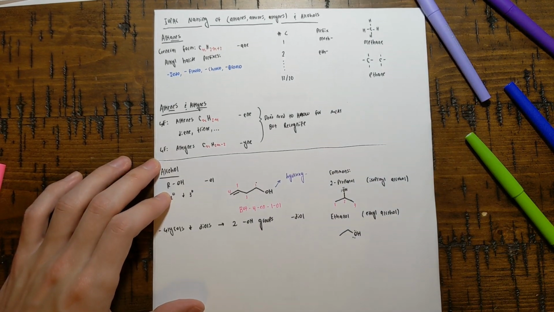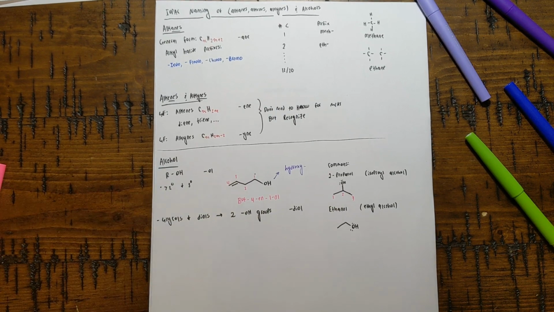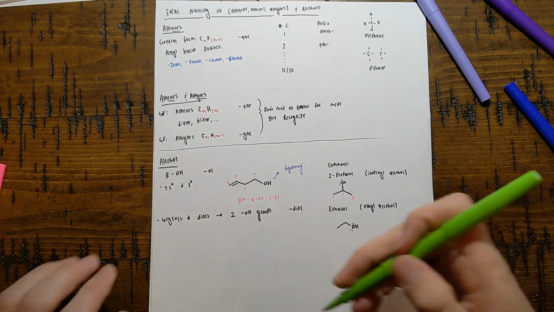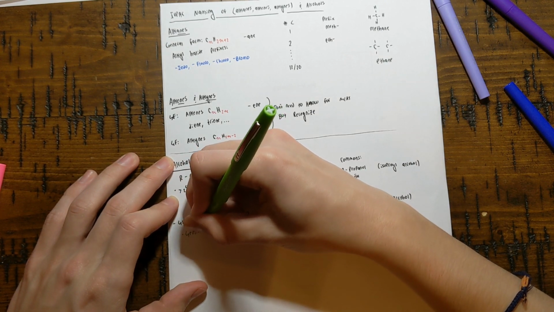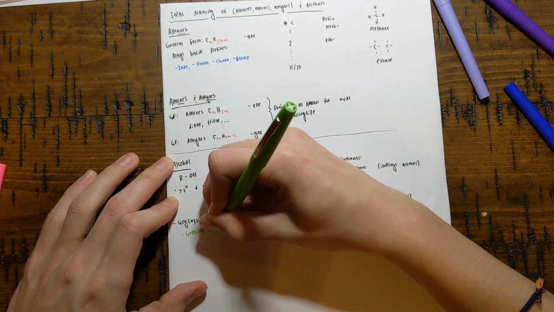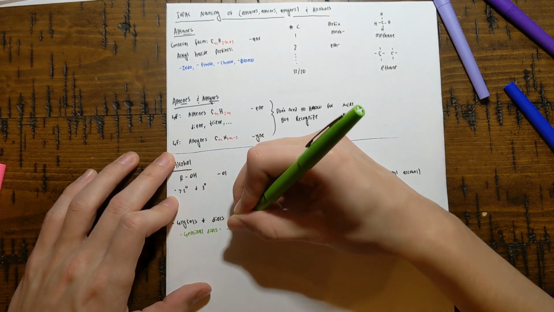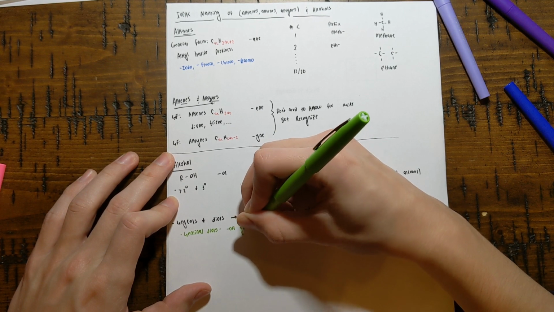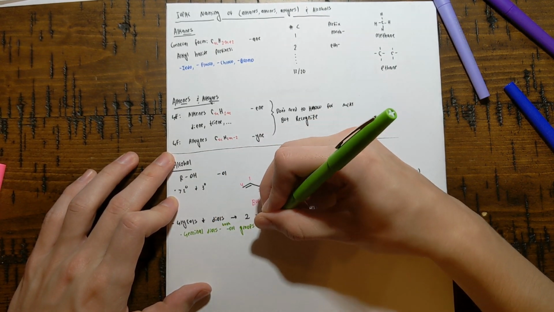That's pretty self-explanatory. And there are two specific diols that we need to know. These are geminal diols, where both hydroxyl groups are on the same carbon.